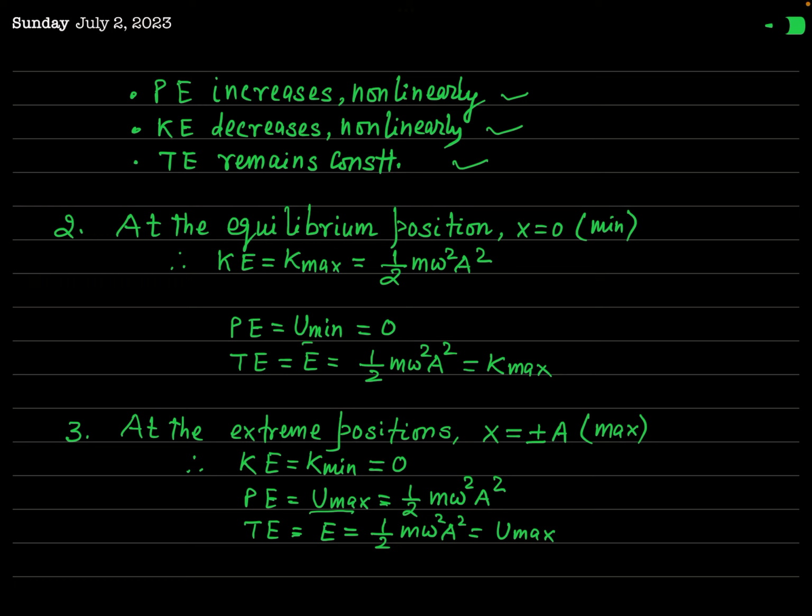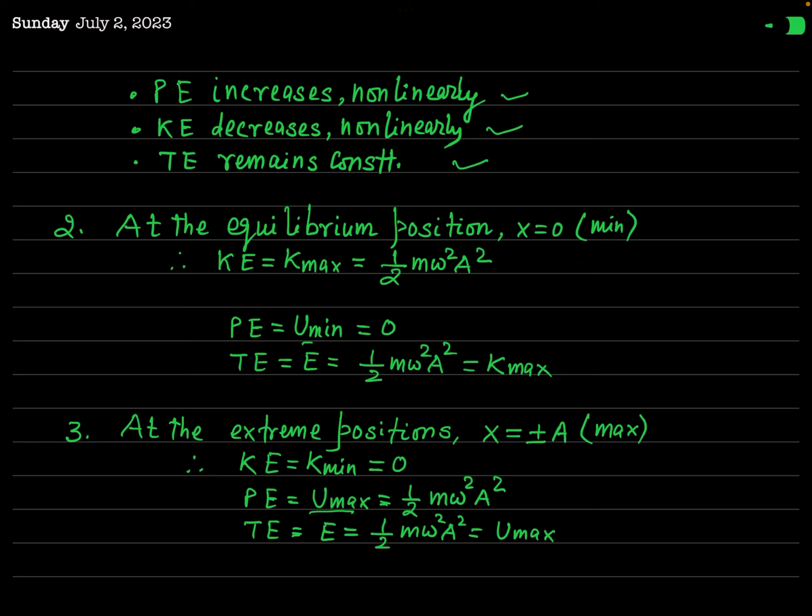Now we will see what the values of these energies will be at some important or standard positions. During simple harmonic motion, there are two very important positions. The first one is the equilibrium position and the other is the extreme positions.